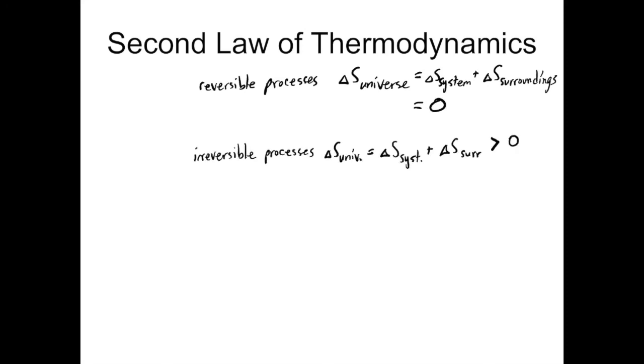And this second equation really means that all spontaneous processes, which are irreversible, are going to increase the entropy of the universe. And for anything that is reversible, so non-spontaneous, you're going to have no change in the entropy for the universe.